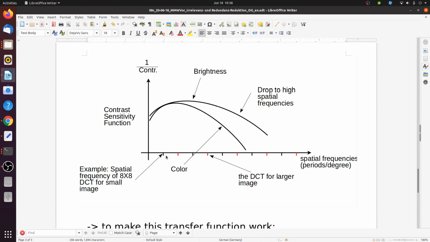Yeah, so here I have an example. Here we have black and red, and each represent a different case for the viewing distance. So it's not precise, it's just showing the difference.